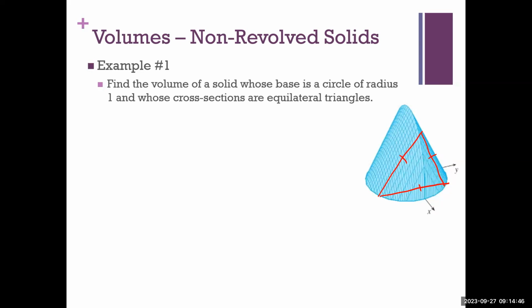So are we okay with that description of this solid? Okay. So how do I find the volume of things like this? Even though this is not really a prism, we're going to treat it like it is.